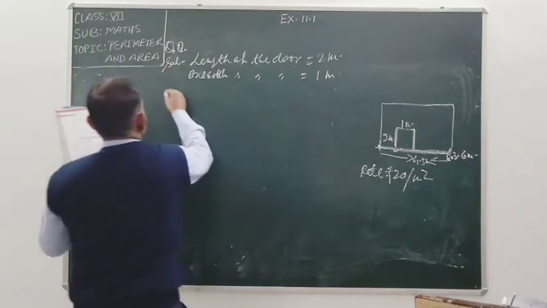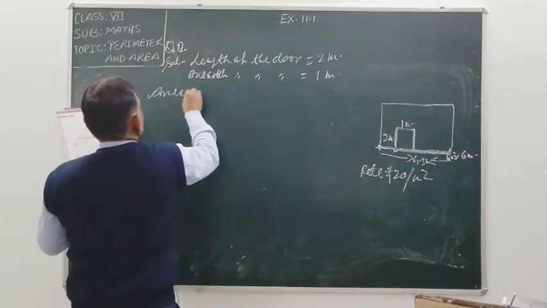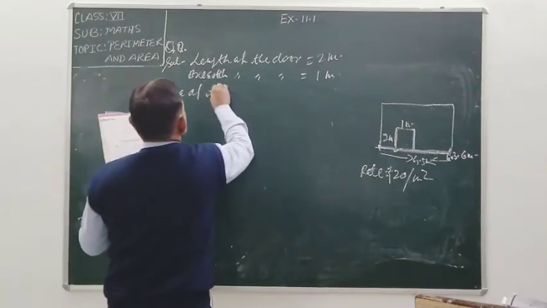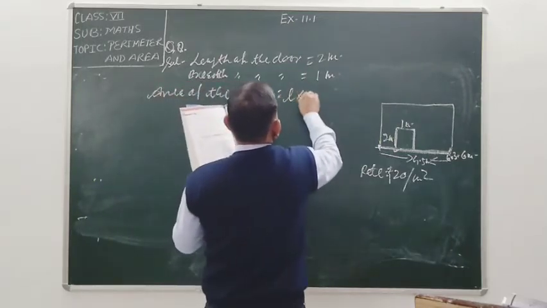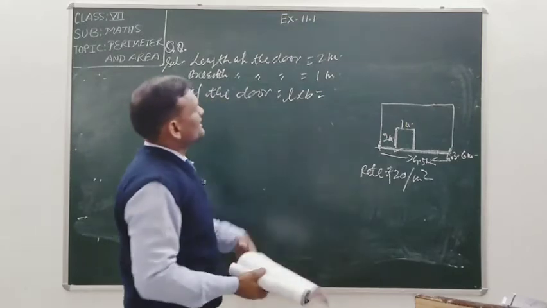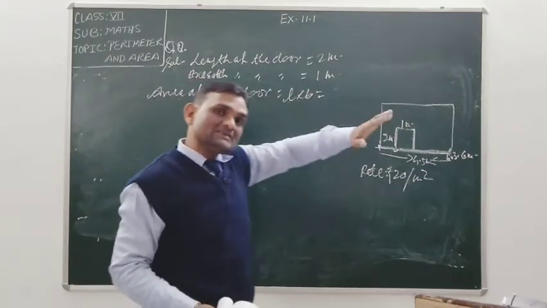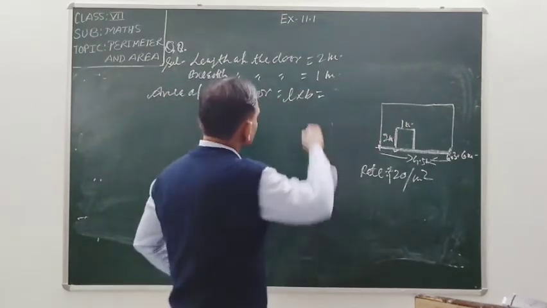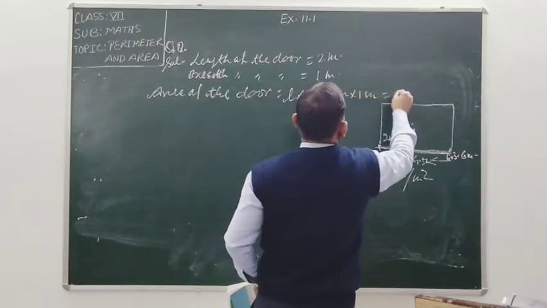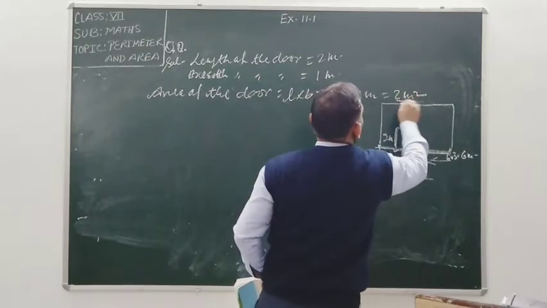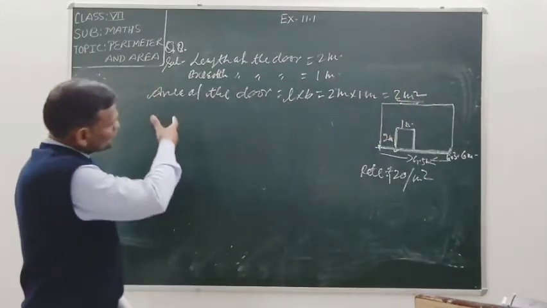Area of the door, very easy question. Area of the door is equal to length into breadth. Why are we using this formula? Because my door is in the shape of a rectangle, so length into breadth, 2 meter into 1 meter is equal to 2 meter square. This is the area of the door.